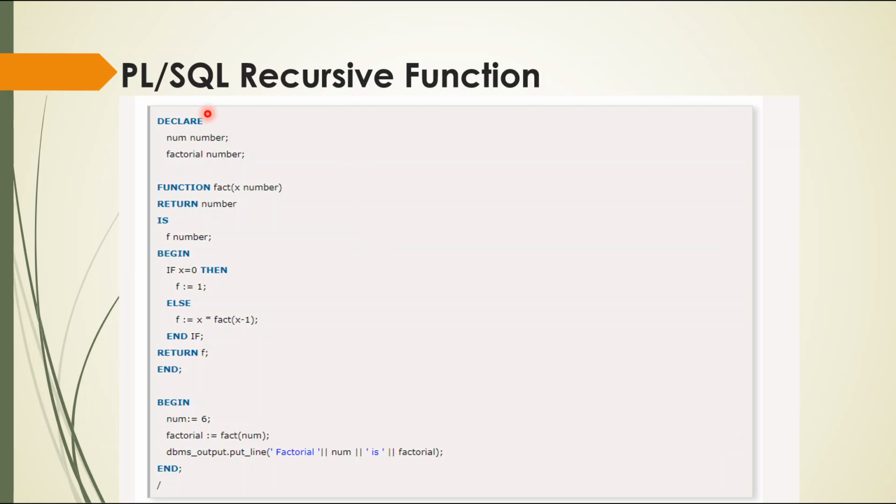So this is the logic of the recursive function, which you all know very well from C language. That is the concept of a recursive function calling itself. Here factorial will call itself recursively when we call this function from here. So factorial is equal to fact of number. This is the program for the recursive function. Read it one time.